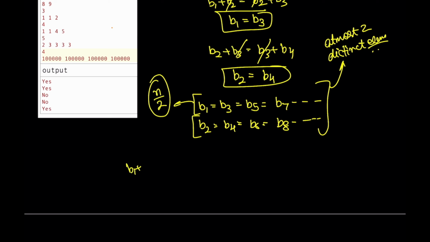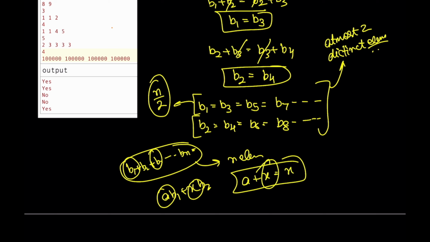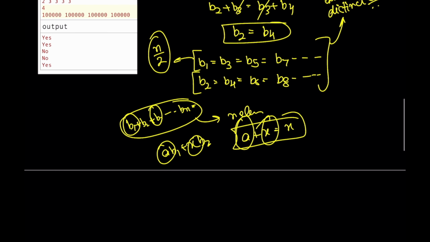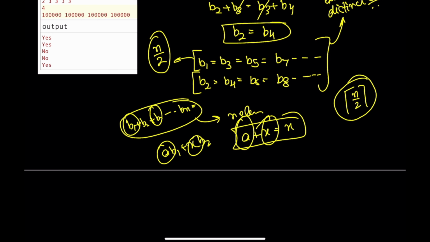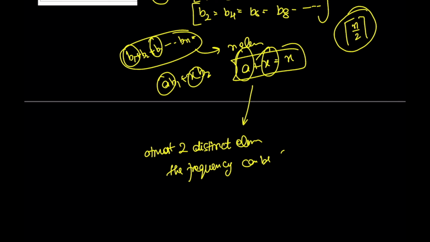Suppose b1 and b2 are the two values, with frequencies a and x. Then a plus x equals n elements. For the sums to be equal for all of them, both need to be at most n by 2 elements. So this is another piece of information: there can be at most two distinct elements, and the frequency can be n by 2.